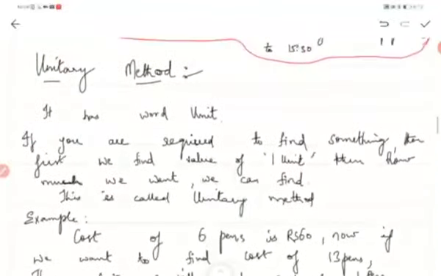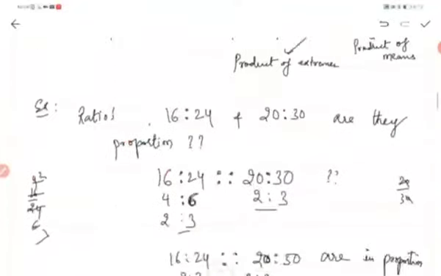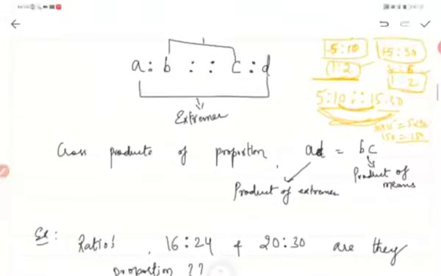The other type of problem is they will give you something like this: 6 is to x, in proportion with the other ratio, 12 is to 3, suppose. They are asking us to find x. Now you can easily find x.